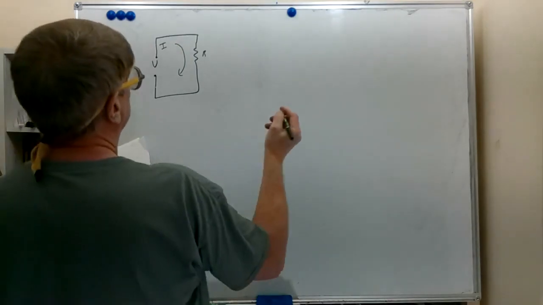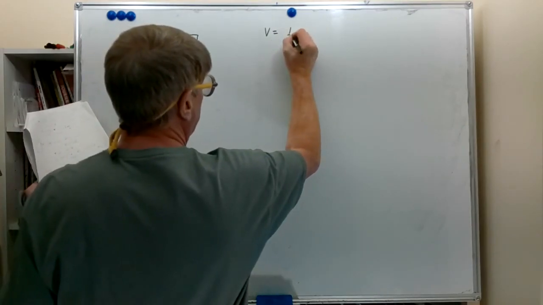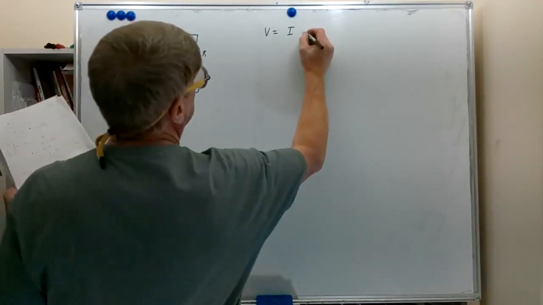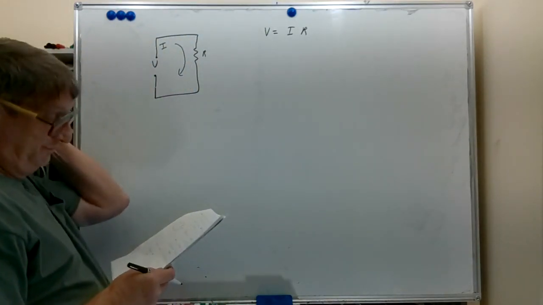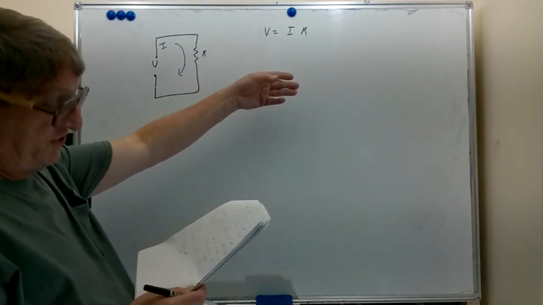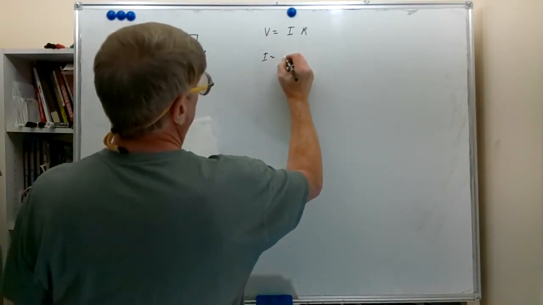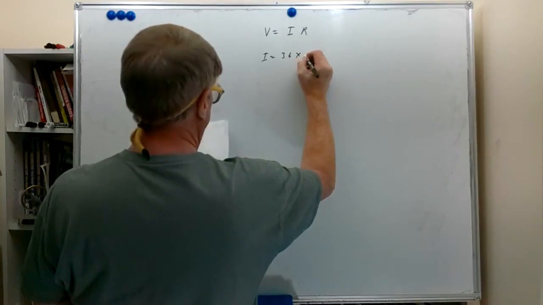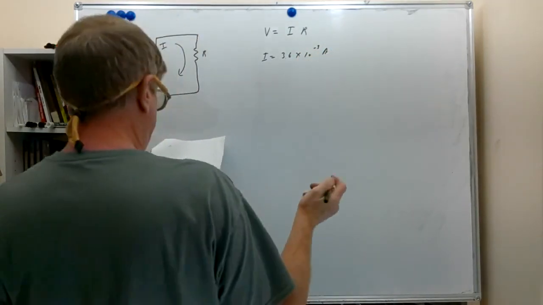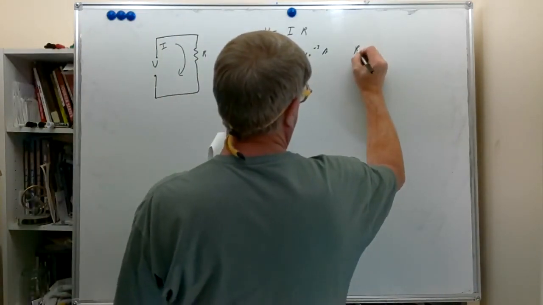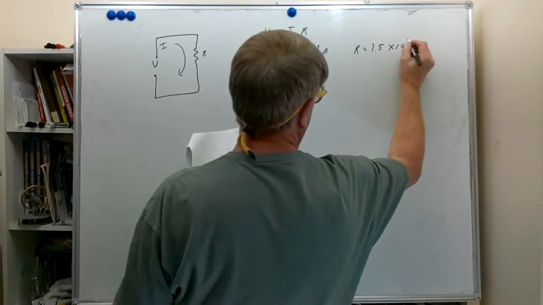And Ohm's law says that voltage equals current I times resistance. We want to find the voltage in the case that I equals 3.6 times 10 to the negative third amps, and that resistance equals 1.5 times 10 to the third ohms.